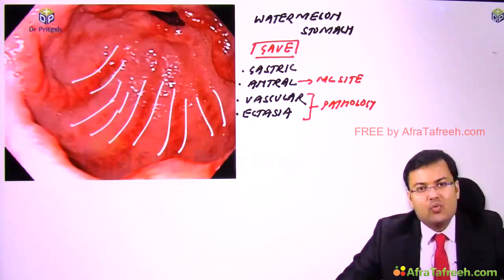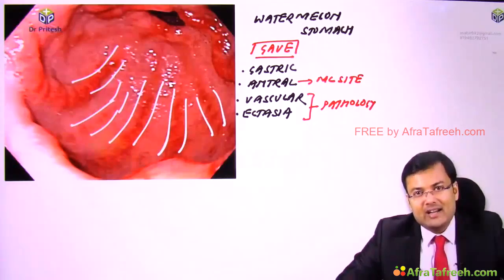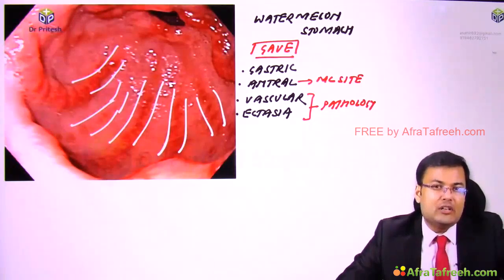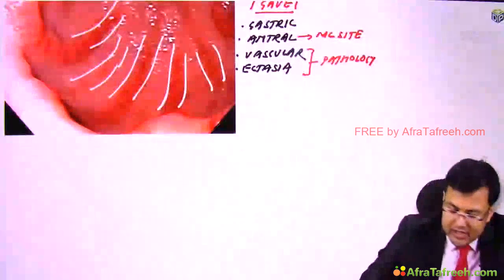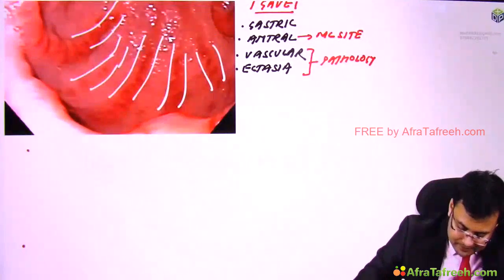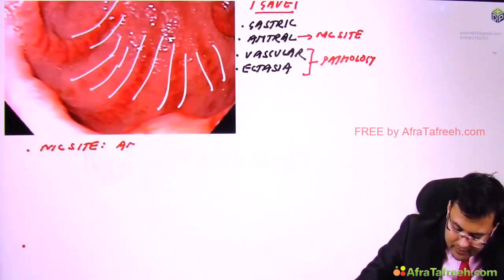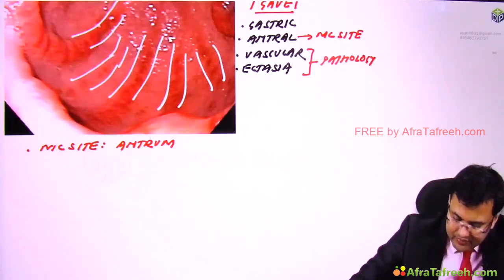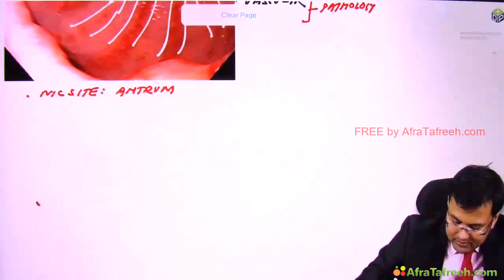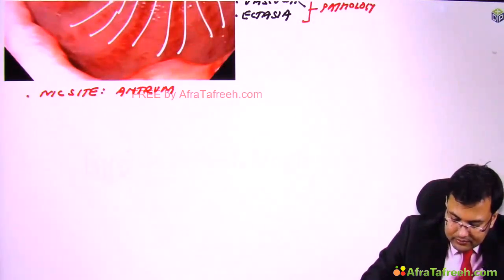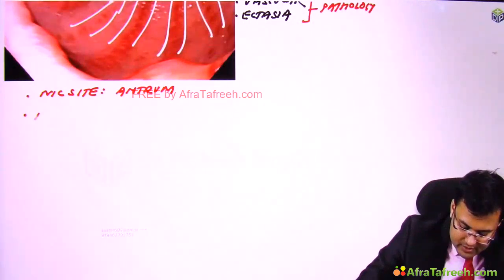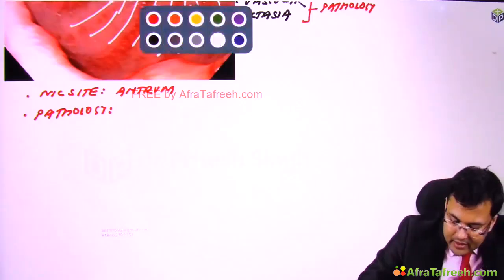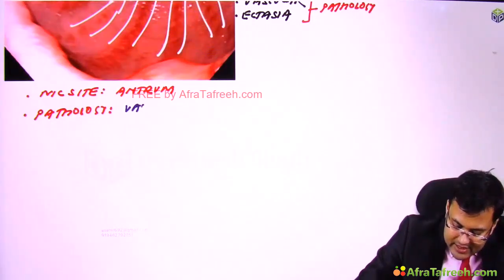It looks like watermelon covering or rind. That's why it's known as watermelon stomach. So see the questions. First, what's the most common site? Antrum. Second, what's the pathology? Vascular ectasia.